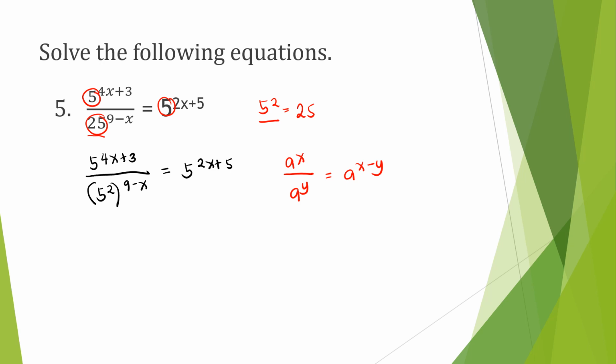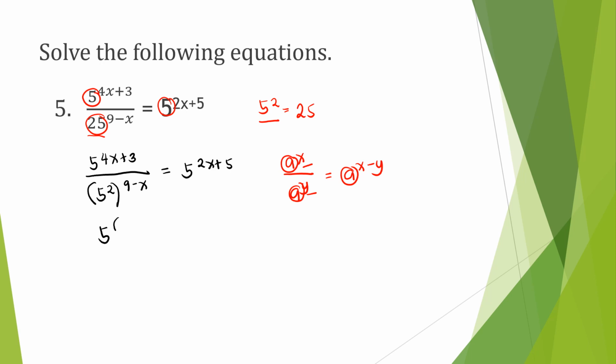So let us copy the same base, and subtract the exponents. So we will copy the same base, which is 5. Then we subtract the exponents of the numerator and its denominator.